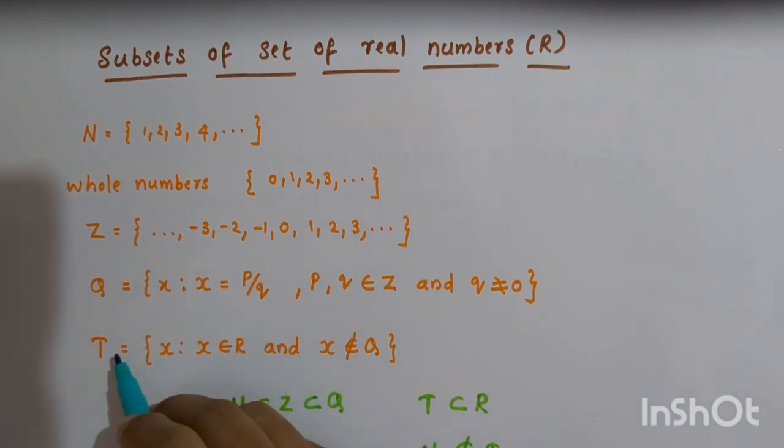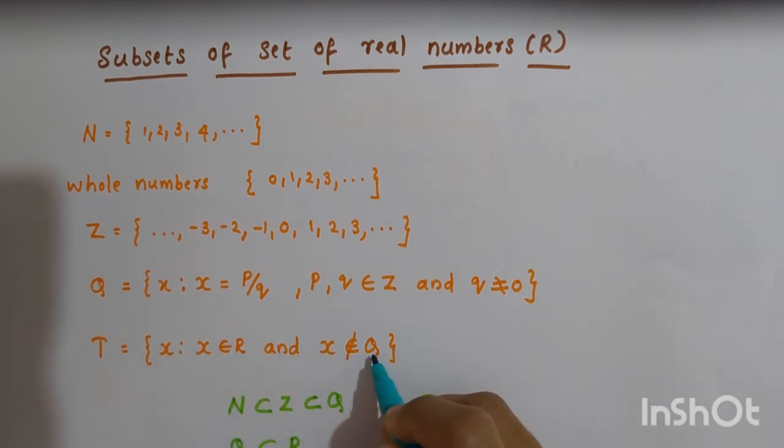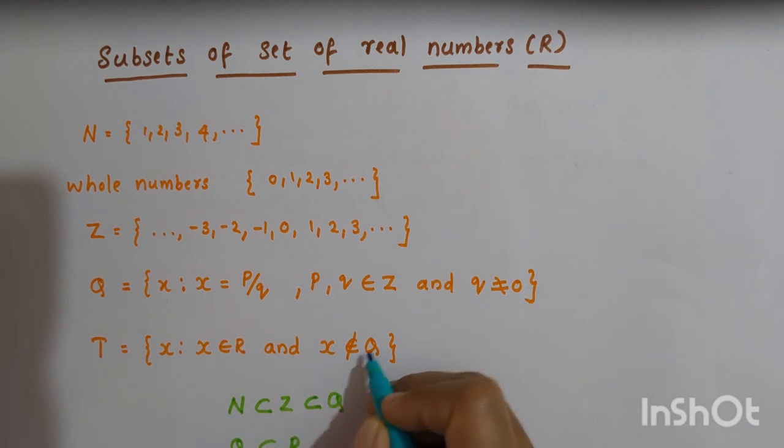Now T stands for irrational numbers. If you consider the set of irrational numbers, it is the set of all x such that x belongs to R, that is, all real numbers, but x does not belong to Q. That means x is a real number, but it is not rational.